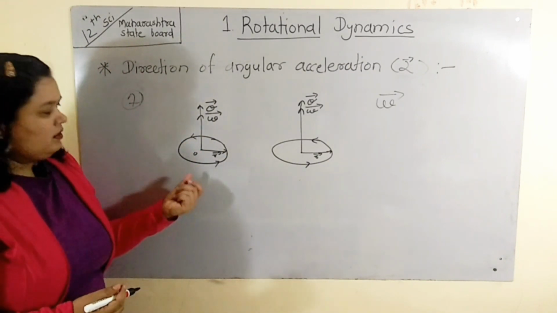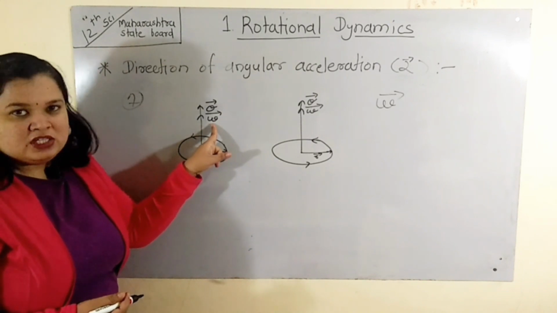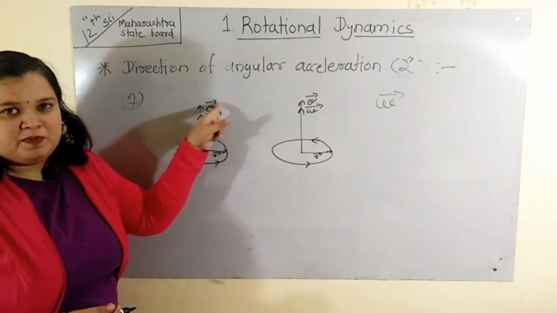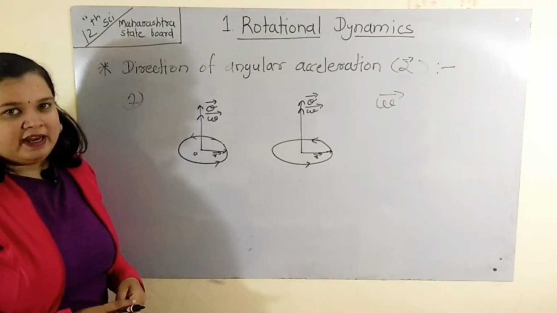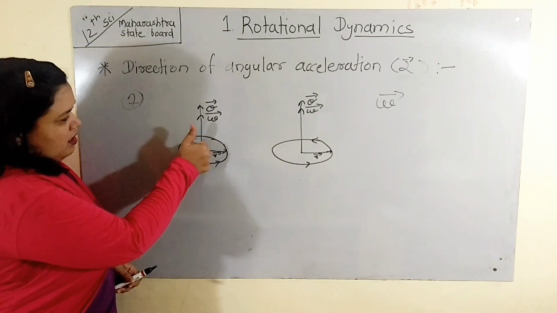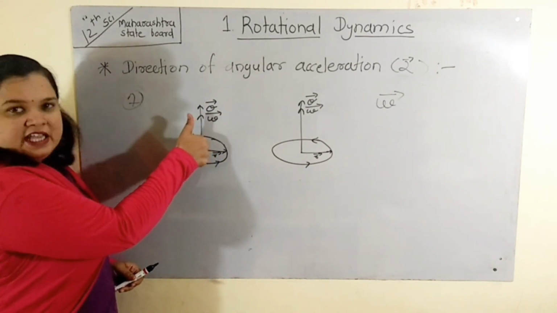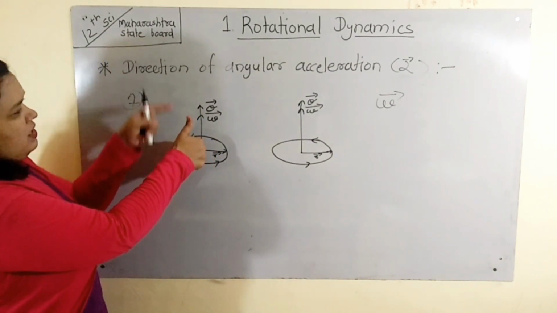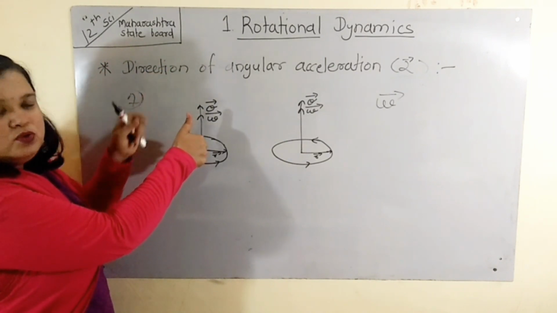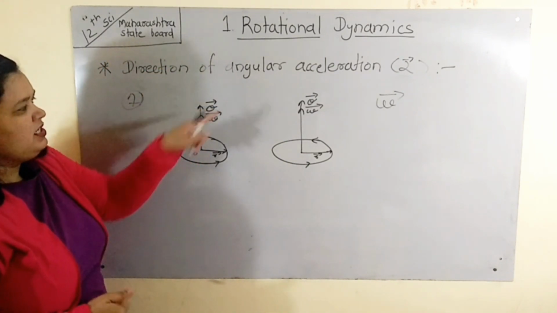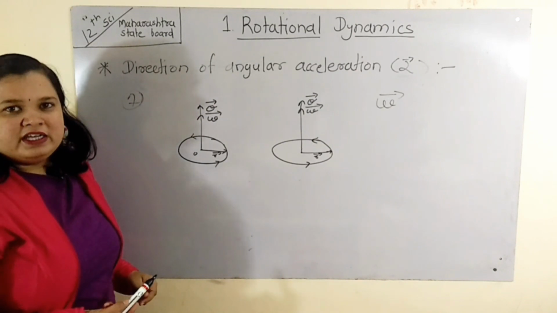We know that the direction of angular velocity and angular displacement are given by the right hand rule. That means if the axis of rotation is held like this, then the straight thumb gives us the direction of angular velocity and also angular displacement.